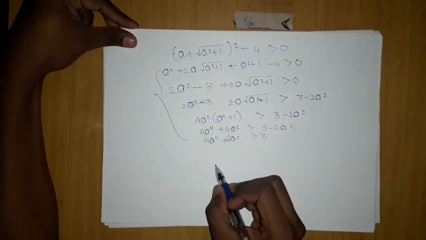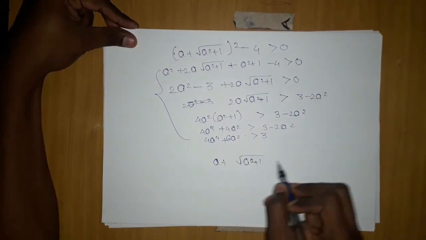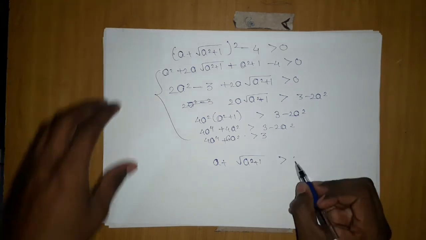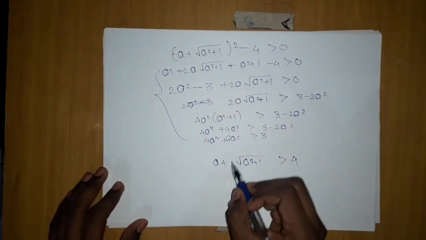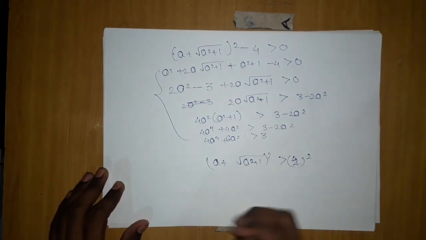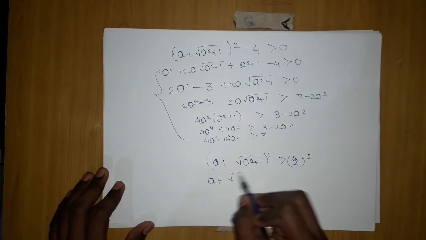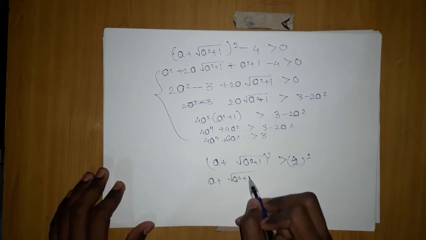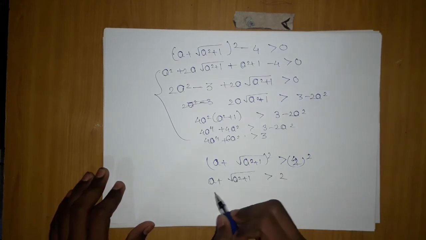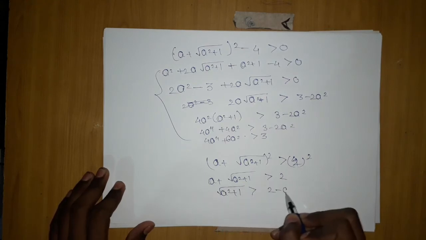If we do something like this: a square plus 1 is greater than 4. Now this is a square and this is 2 square. If I take under root on both sides, under root a square plus 1 should be greater than 2. So I am getting under root a square plus 1 should be greater than 2 minus a.